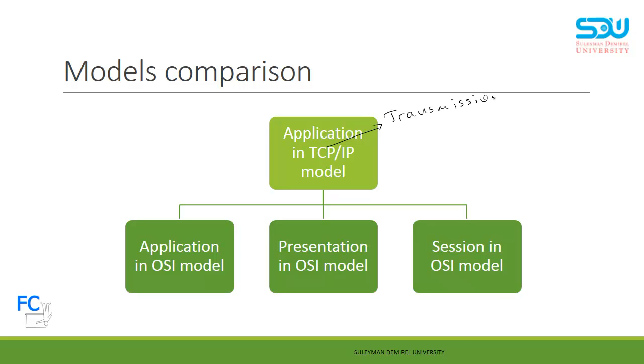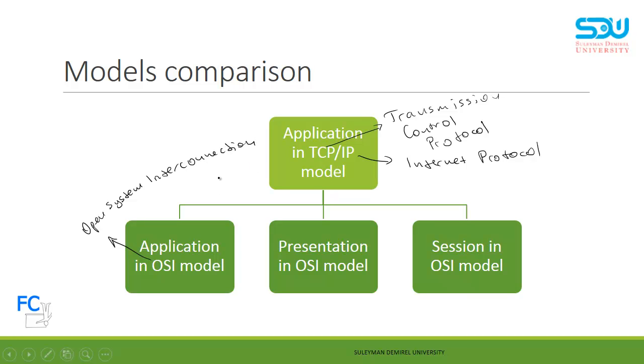Transmission control protocol. And IP is the internet protocol. This is the description of these abbreviations. And OSI, open system interconnection layers.